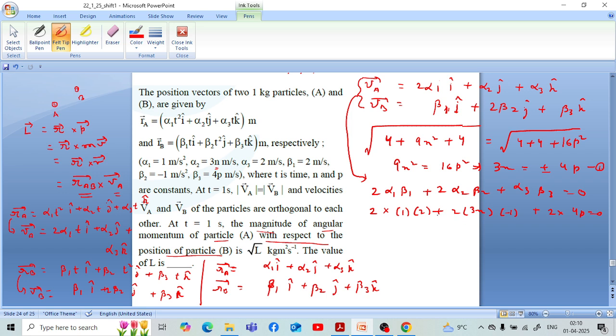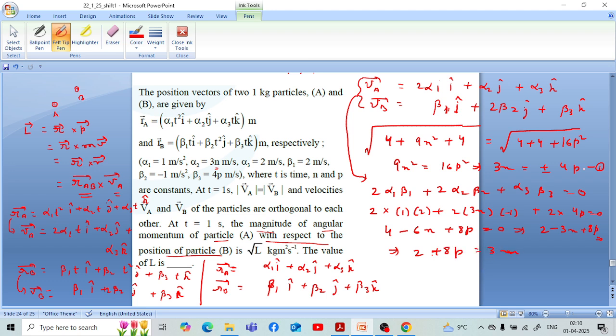After solving this, it becomes 4 minus 6n plus 8p equals 0. Dividing throughout by 2, this becomes 2 minus 3n plus 8p equals 0, or we can say that 2 plus 8p is equal to 3n.